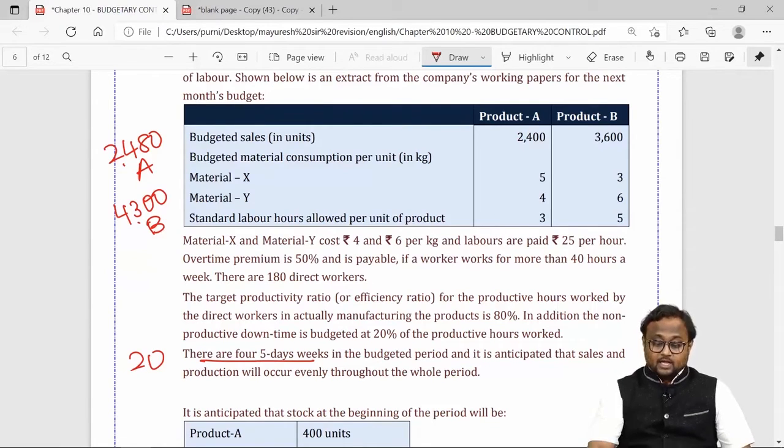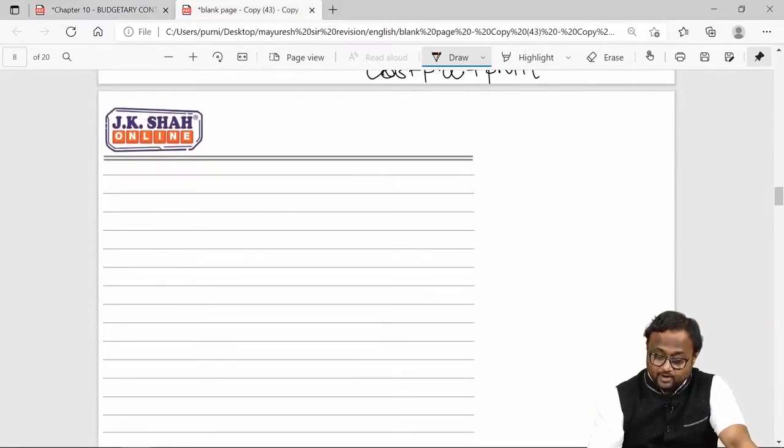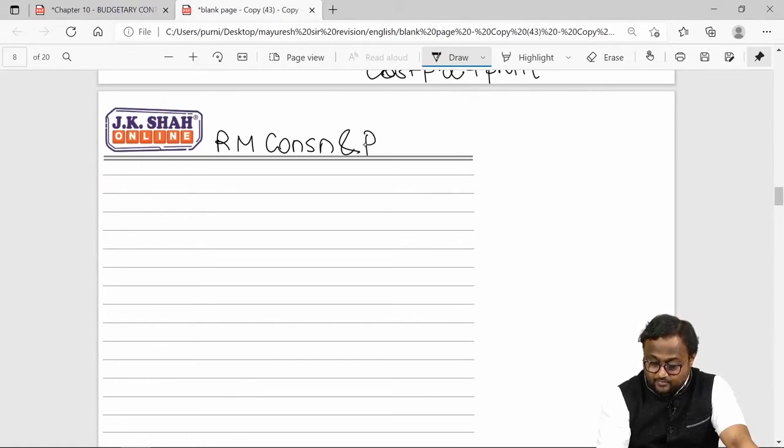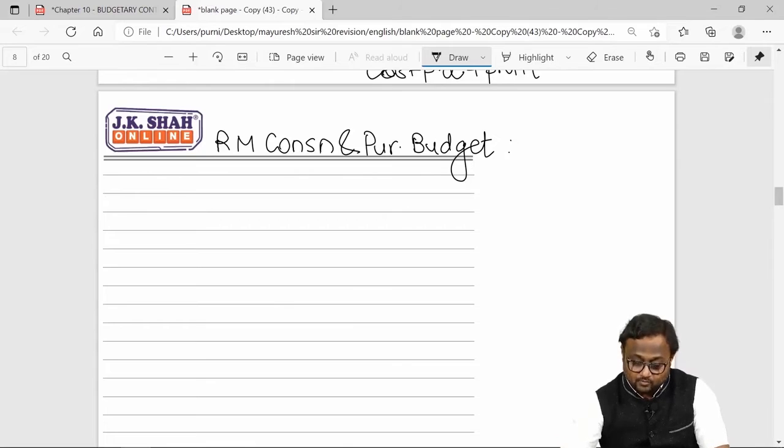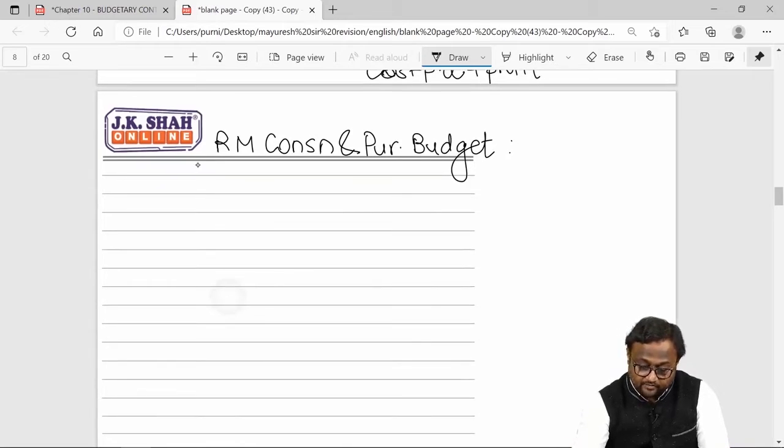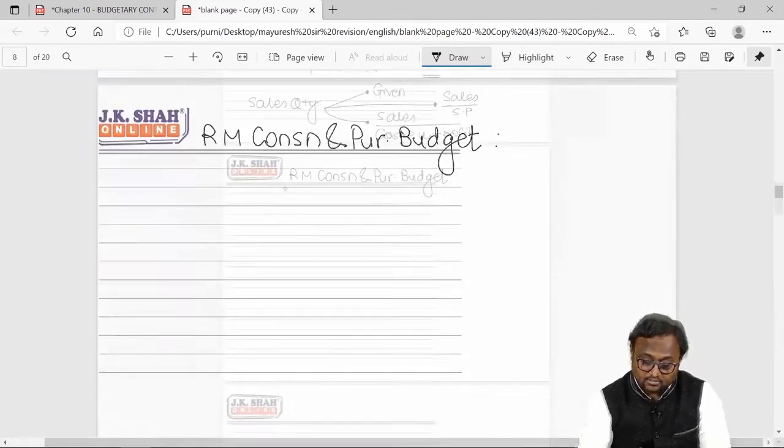Now, if you are going for material requirement, I'll tell you the simple format here. Please guys understand this. My raw material consumption budget and purchase budget can be prepared together. Because the moment I get consumption, I can easily find out purchase in the same calculation.